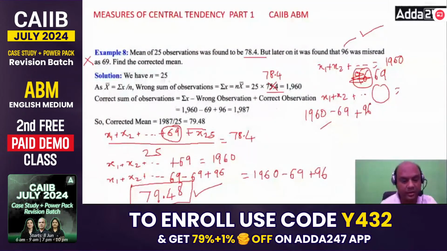Very difficult problems now, we are starting with the difficult ones. Let me check. 1987. So now all these numbers total is 1987. So average will be 1987 divided by 25. So that answer will be 79.48. So this is your answer, 79.48. Got it, everyone? Clear? Move on.